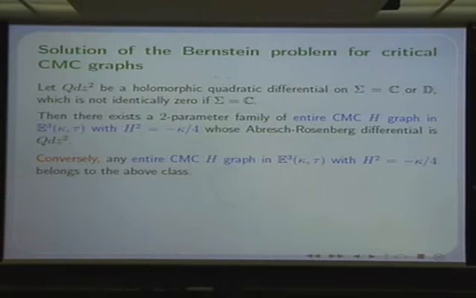So you are not solving the Bernstein problem just for minimal surfaces in Heisenberg, but for all values of critical constant mean curvature. In particular, you are solving it also for the case of H equal to 1/2 surfaces in the product space H2 cross R.